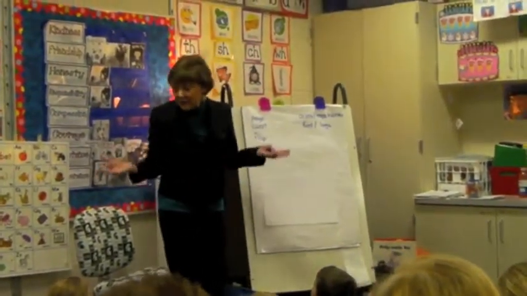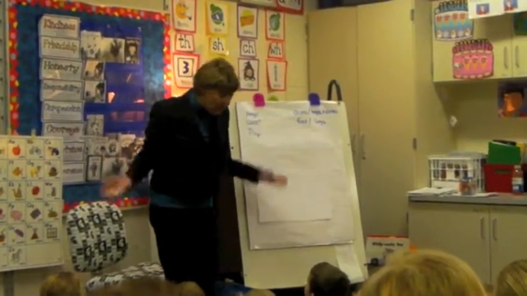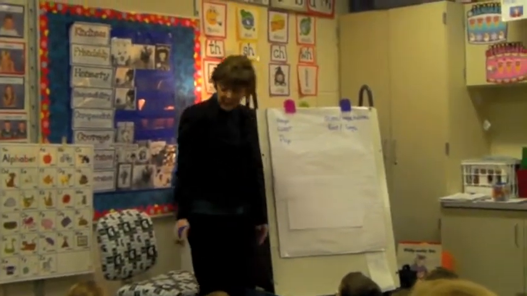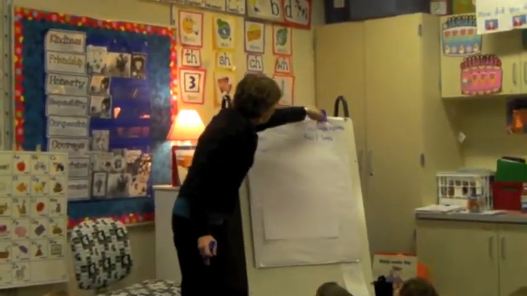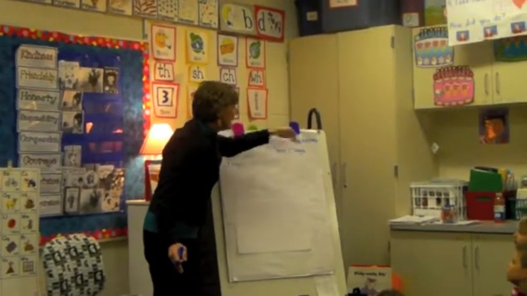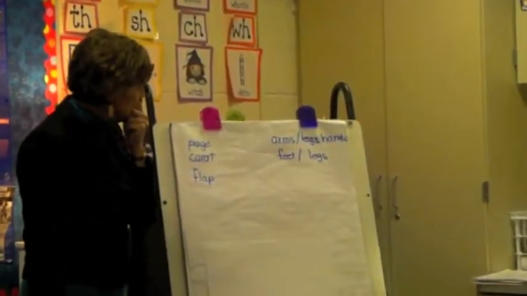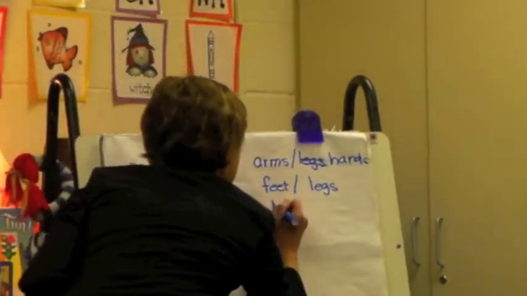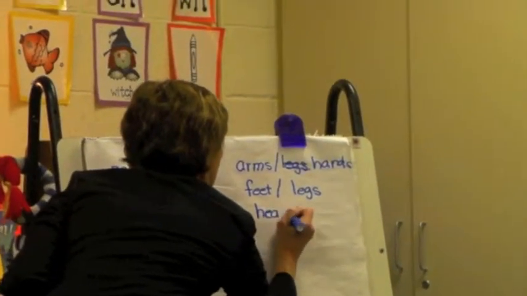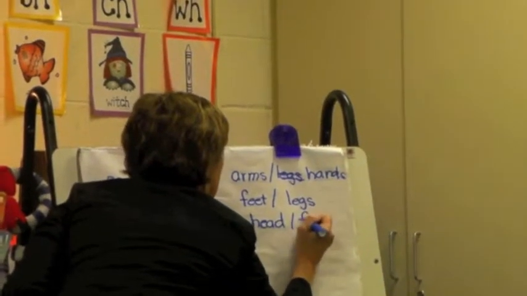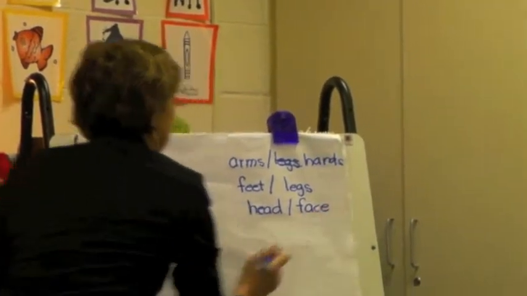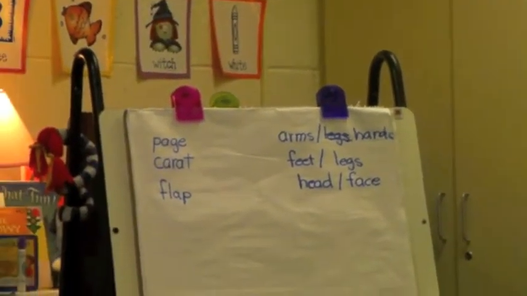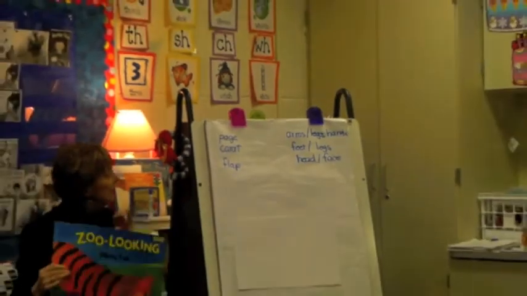You know, it's always good to see a teacher make mistakes because we always make mistakes too, don't we? Yeah. And we just fix them up and go on. So we can look at our arms and our hands, our feet and our legs. How about our head and face? So we'll think about what their head or their face are doing.